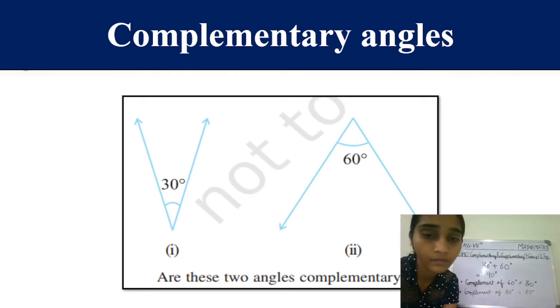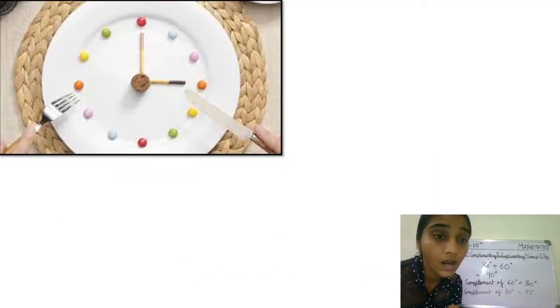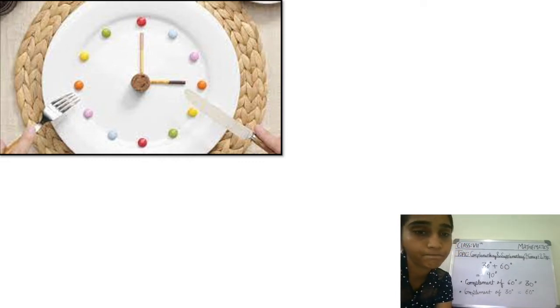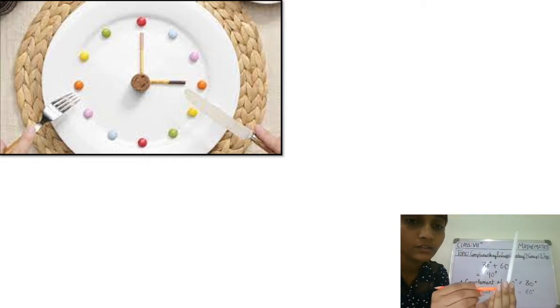Okay, very good students. So now if I ask you, are you able to identify any complementary angle over here? Yes, very good. So students, I hope you know what a 90 degree angle is. Yes, when they are the whole angle, you are saying that this is the 90 degree angle, right?